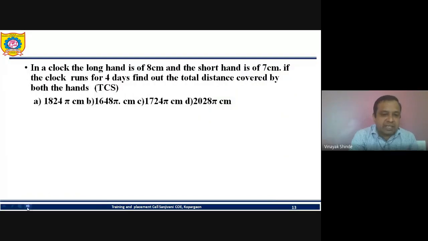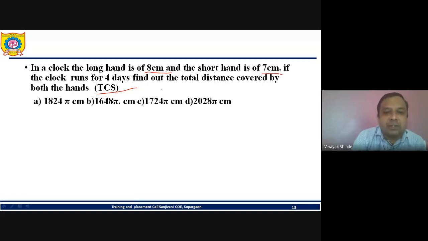Okay, next question, asked in TCS. Now this is a little lengthy, but it is simple. In a clock, the long hand is 8 centimeters and the short hand is 7 centimeters.